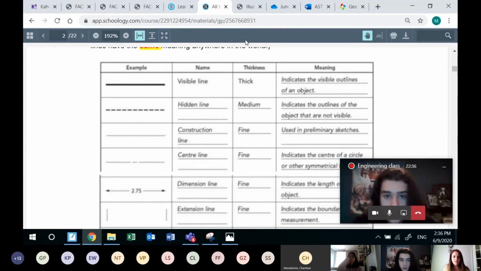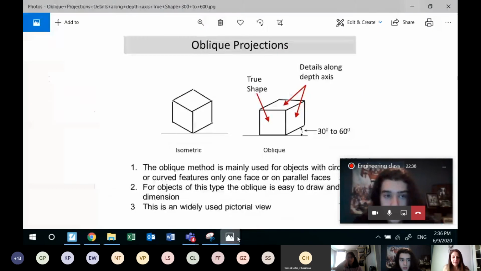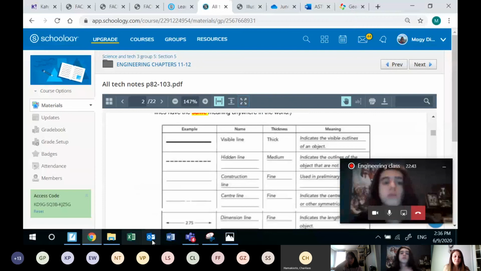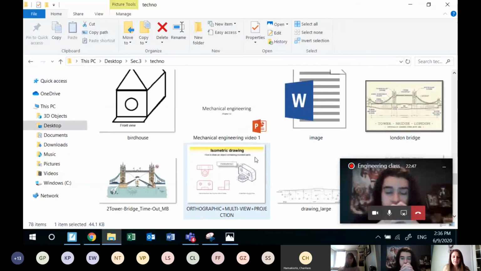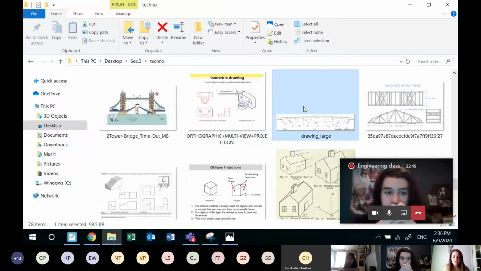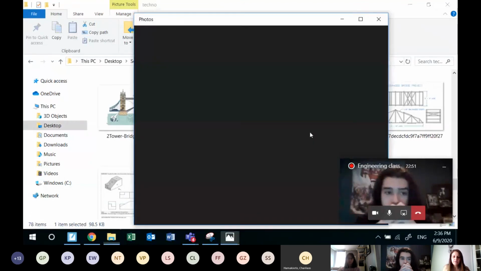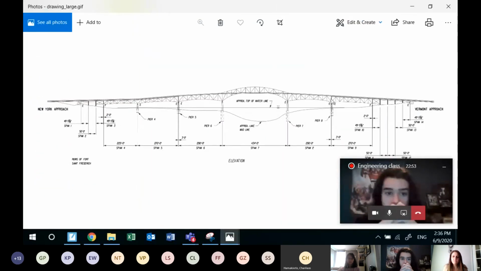Okay, so if we take a look at diagrams, not this one, hold on, like this one. Do you see it? Yeah.